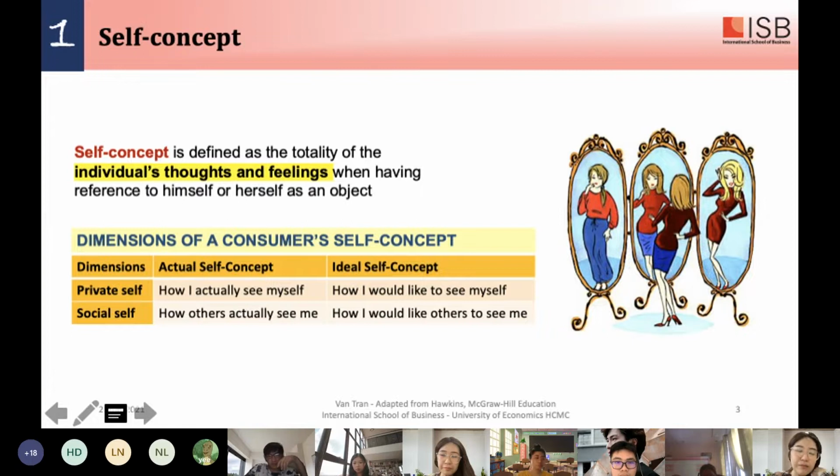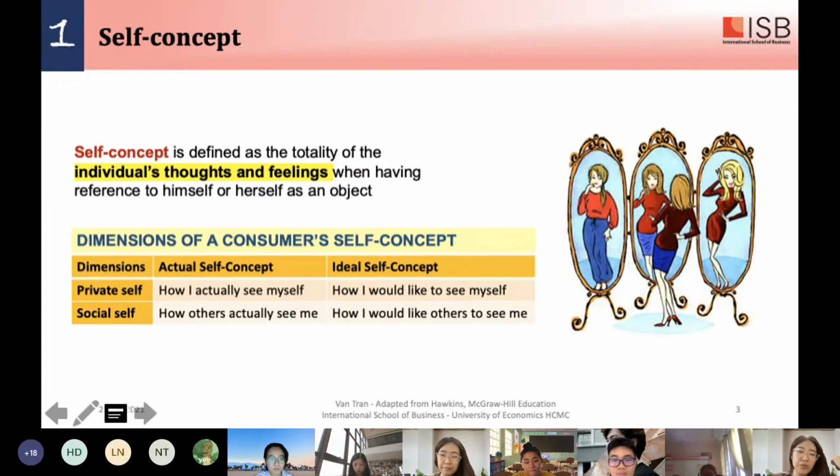In terms of private self, the actual private self is how I actually see myself, and the ideal private self is how I would like to see myself. That means what are the expectations that you have for yourself, that you try to be, that you pursue to achieve in your life, right? What is the future self that you expect to see from you?